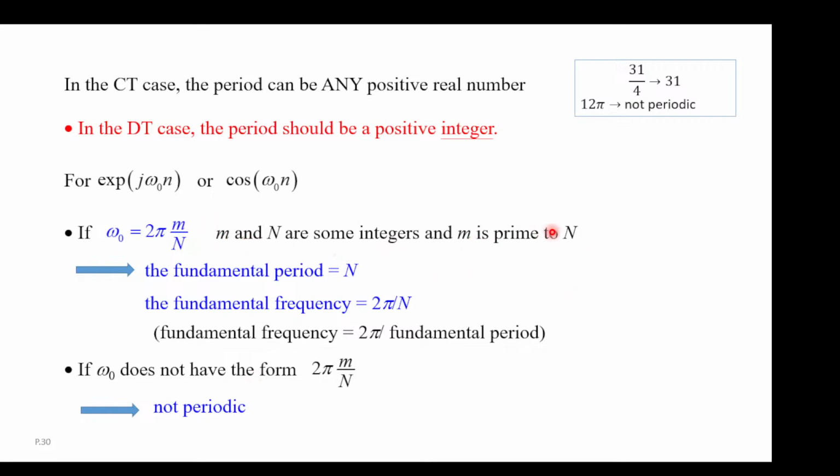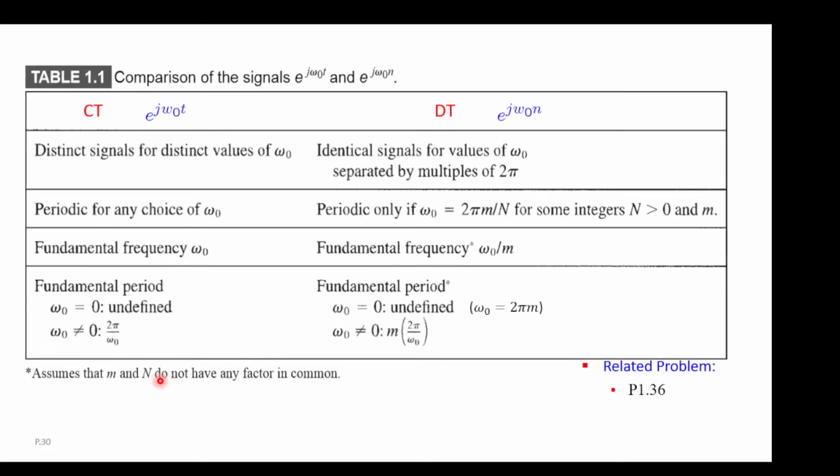You want m to be prime to n, and your n will be your fundamental period, and your fundamental frequency will be 2 pi divided by n. It's not omega naught, it's omega naught divided by this m. And if it's not a rational number, then it's not periodic. Here is the same thing put in a table, so I don't think I need to repeat it again.